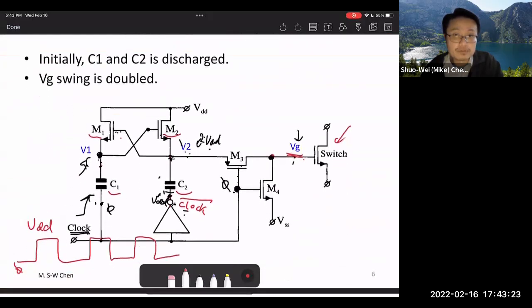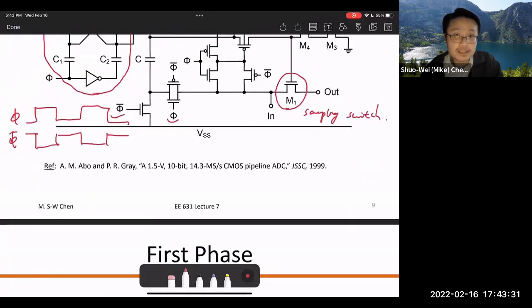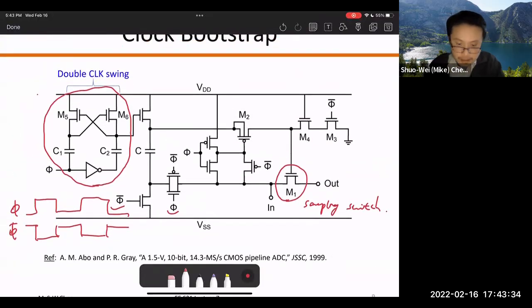That reminds you of the one that we just had, right? Remember on the left side, that's how we double the swing. So that's exactly what it is. At least we can recognize this is basically just a clock boosting, so we can boost up the node here to eventually be twice VDD, a 2 VDD swing right there. And then, for the rest of the circuit, you do have a capacitor here, C, that is important.